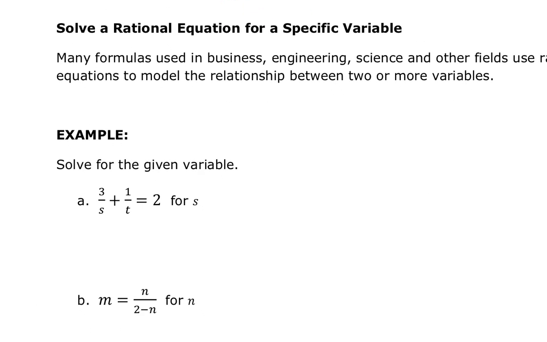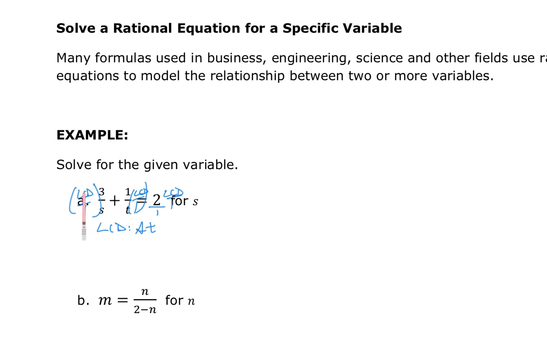If I'm asked to solve a rational equation for a specific variable, I'm going to follow the same process as before. I'm still going to find my lowest common denominator, and then I'm going to solve. So my LCD, in this case, is s multiplied by t multiplied by 1. So I'll multiply each term by the LCD over 1.